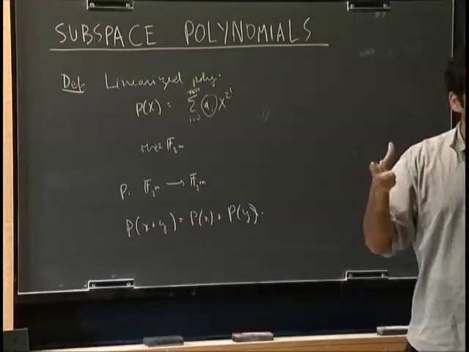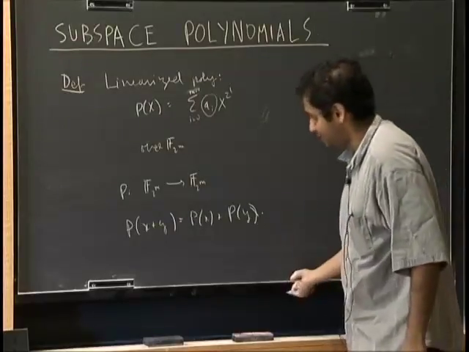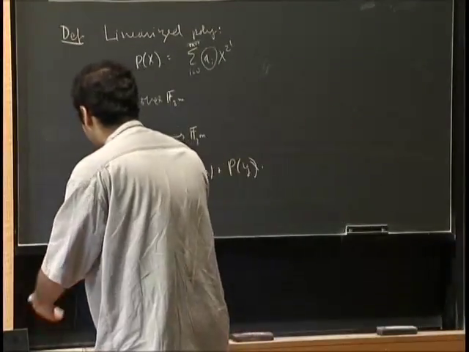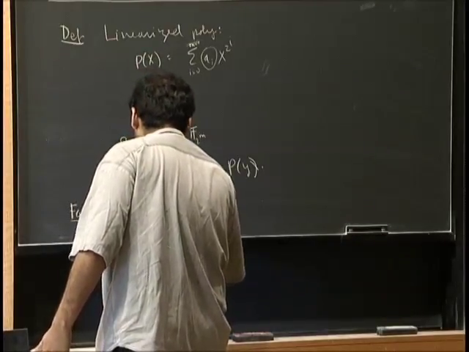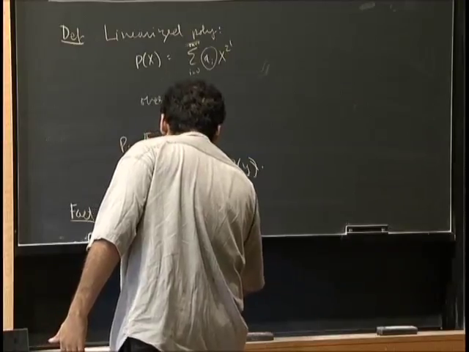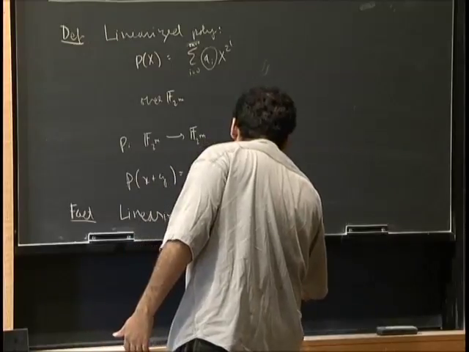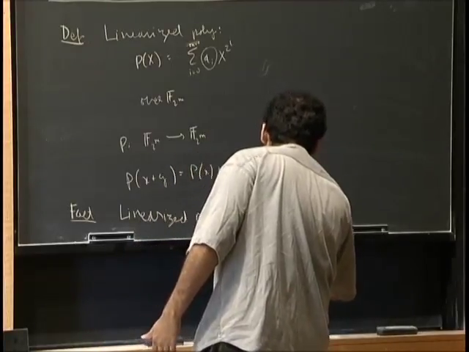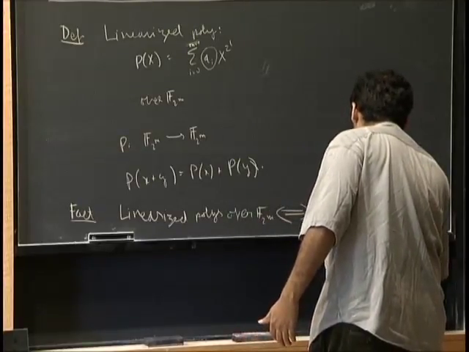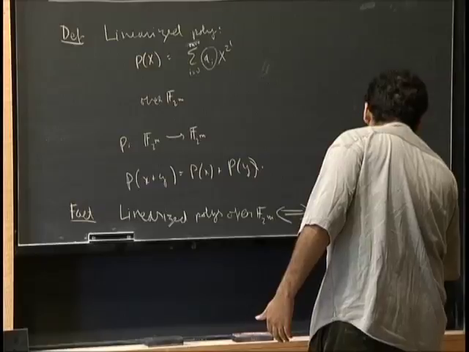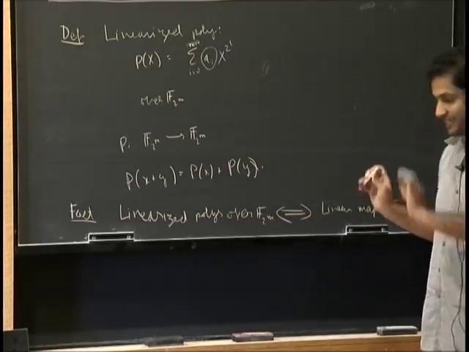It's the number of entries you can fill into an m by m matrix. So the fact that we want to record is that linearized polynomials are in one-to-one correspondence with linear maps. And by linear I mean F2 linear.